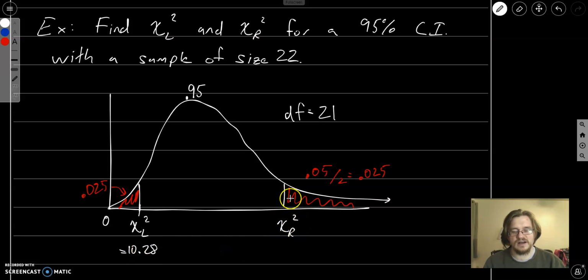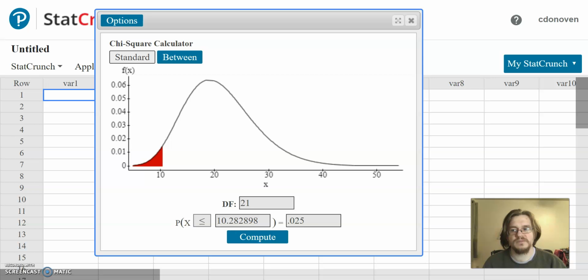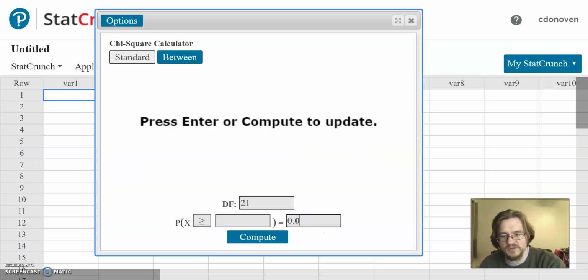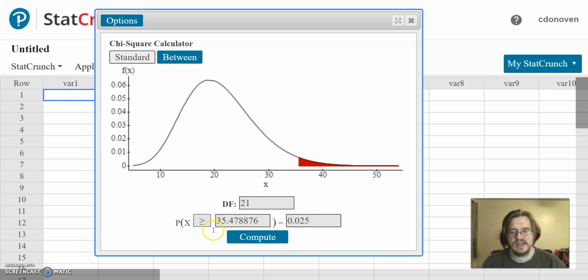Over here, let's flip the area over, so we're looking at the area to the right, and we'll find the right critical value. We want the area to be 0.025, and then we compute this, and we see that the right critical value is going to be 35.48.